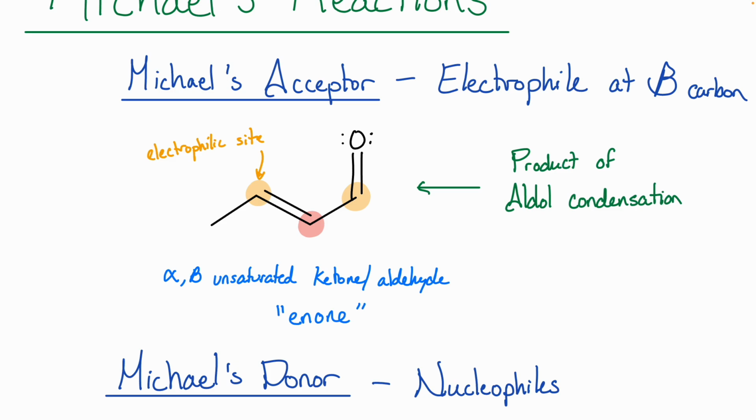Remember, if we perform an aldol addition and then we introduce heat, we'll get this follow-up dehydration reaction. The product that we get from those aldol condensations are our Michael acceptors. So you can see how we're going to be able to combine stuff that we learned earlier in this chapter with what we're learning here with our Michael reactions.